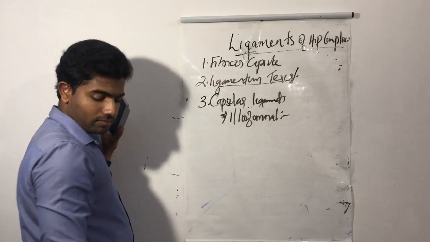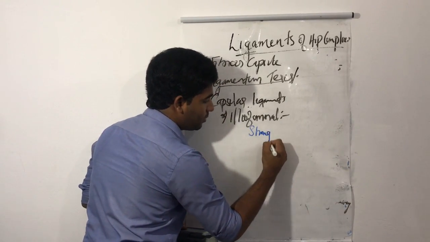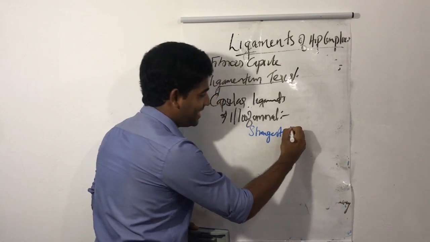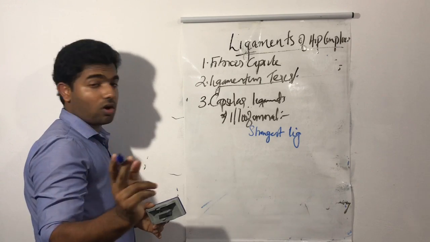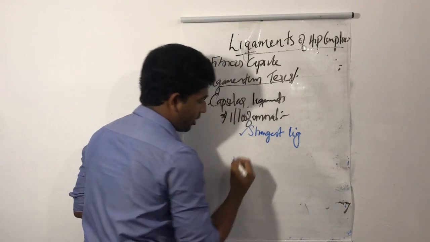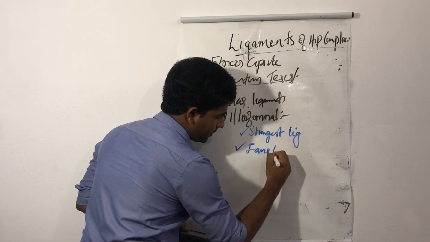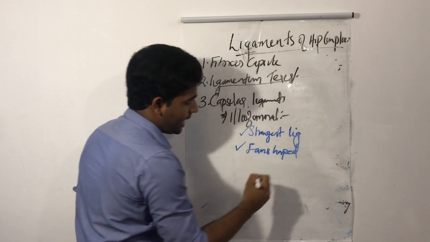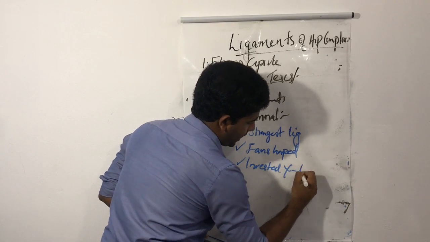I should say this is one of the strongest ligaments in the body. And of course, if it is strongest in the body, it is strongest in the hip complex also. It is fan shaped and inverted Y-like.